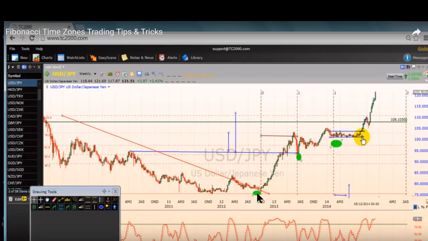This is like the biggest setup on the planet right here, the biggest triangle. If you look at where the price is now, it's weird. This is a distant memory. Yeah, I remember that price.